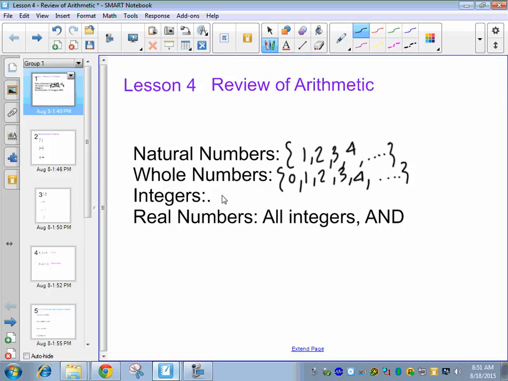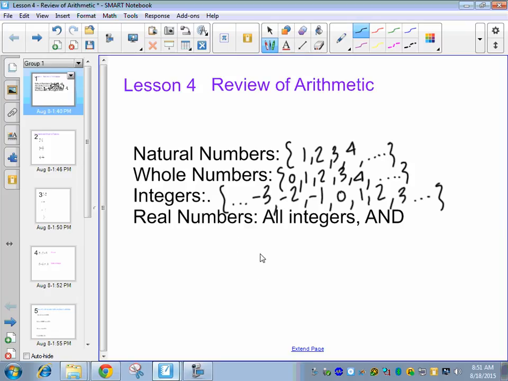Okay, now the integers also are always going to be, there are no fractions or anything like that, but now they include the negative numbers. So this set notation is going to be a little weird. We start with a ... and then we'll start with -3, -2, -1, 0, 1, 2, 3. So the ... means we're going forever in both directions.